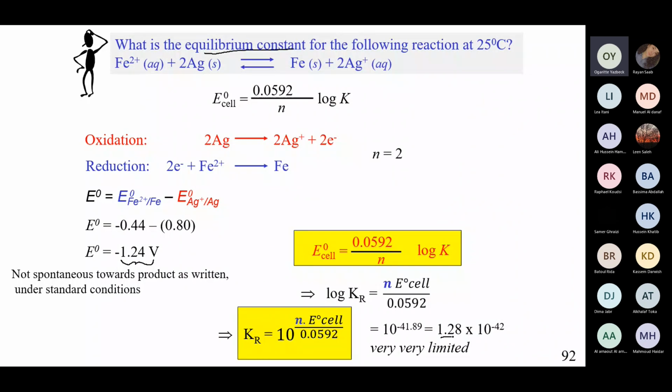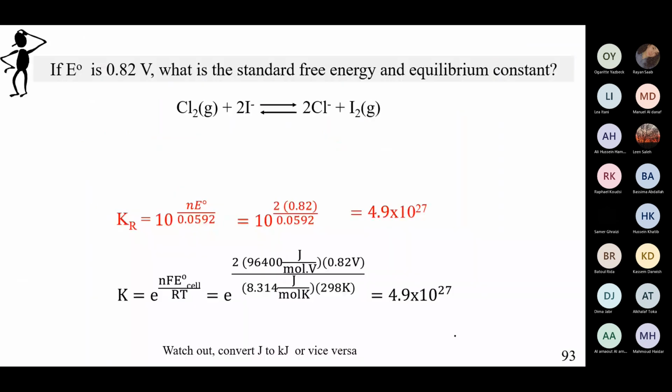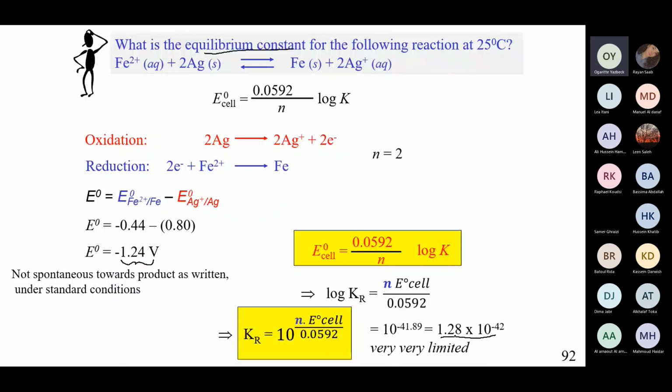Make sure you know the calculator: 1.28 times 10 to the minus 42. Very, very limited. In other words, there's really hardly any reaction between this Fe and this Ag.